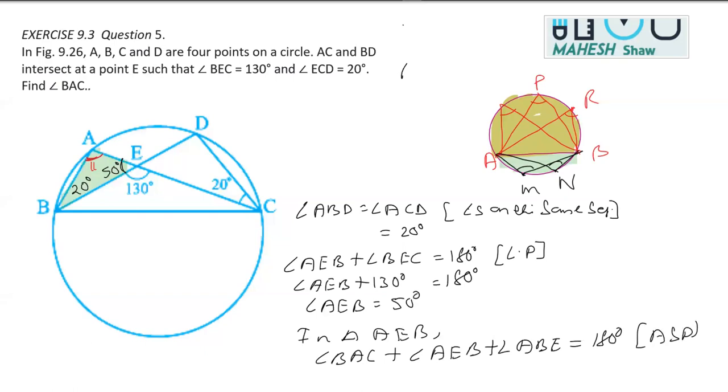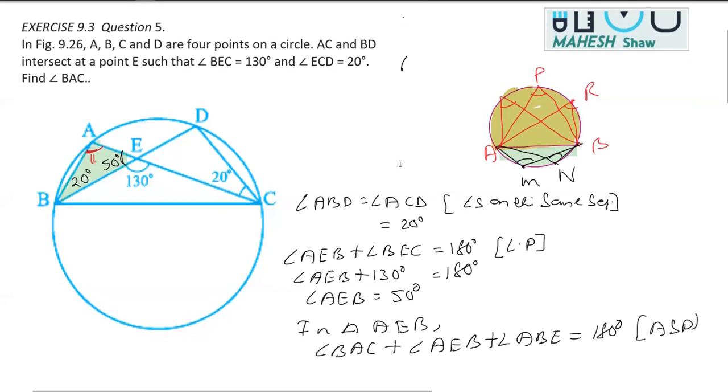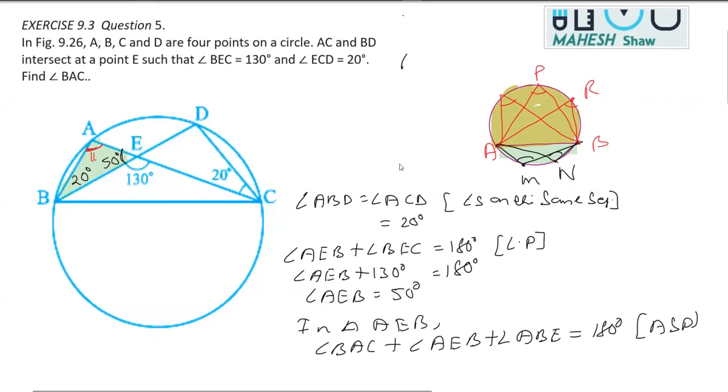Now we can start placing the values of the angles which we already know. We know that the value of BAC is what we have to get, so let this be BAC only, plus the value of angle AEB. You can see from here, we have calculated the value of angle AEB, and it is 50 degrees, so we can replace this angle with 50 degrees.